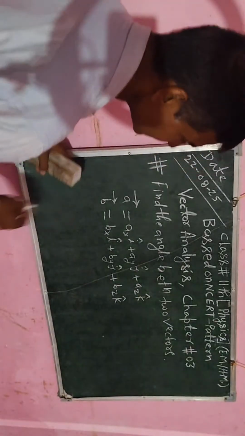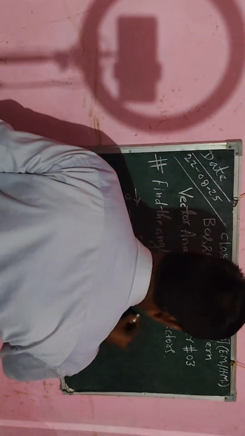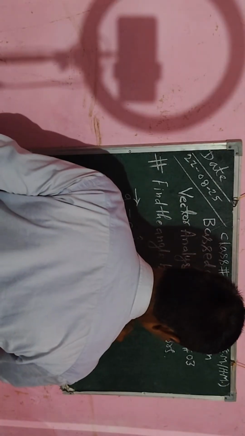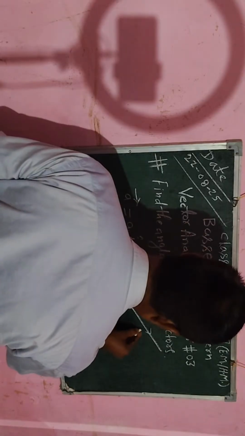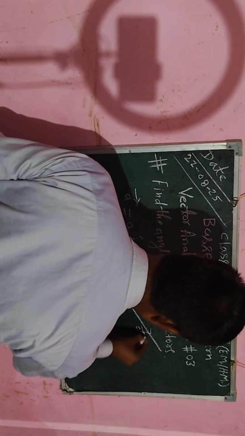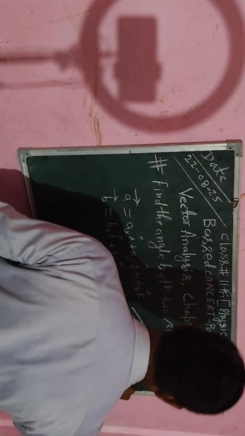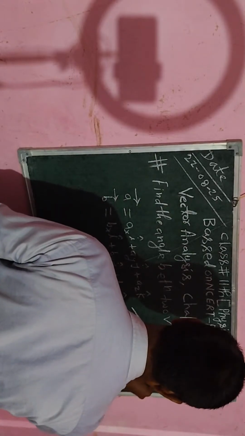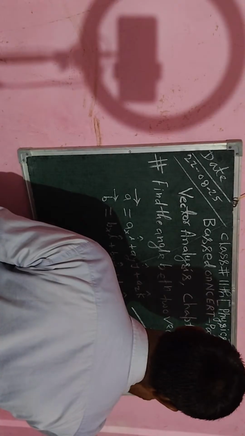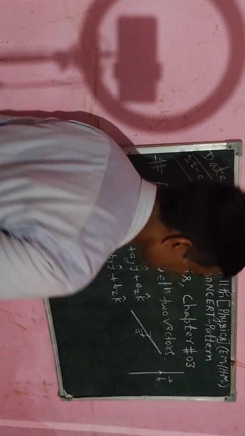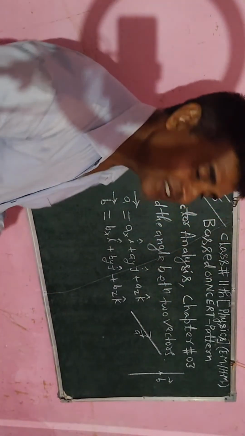Suppose vector A has gone this way, and this is vector A, and vector B is moving along this, so I will say this is vector B. Vector A and vector B will intersect at a certain point.